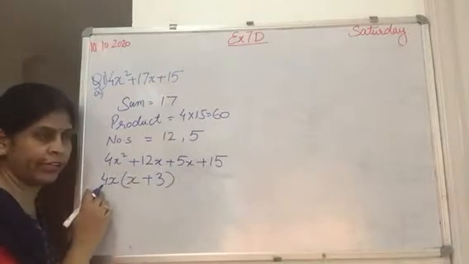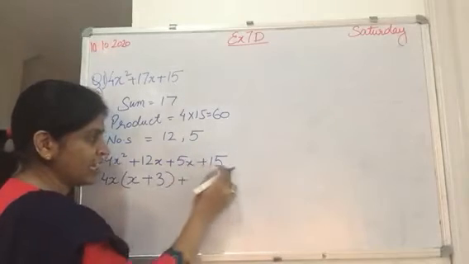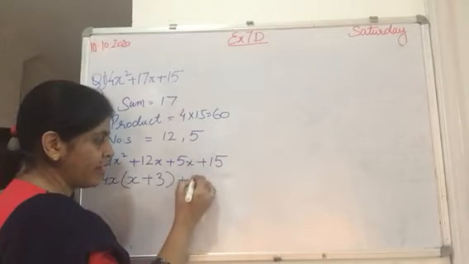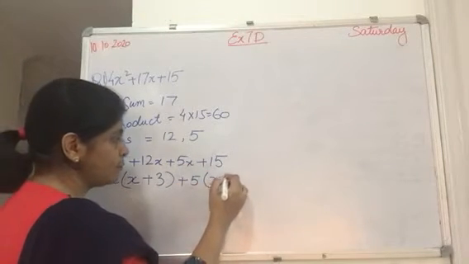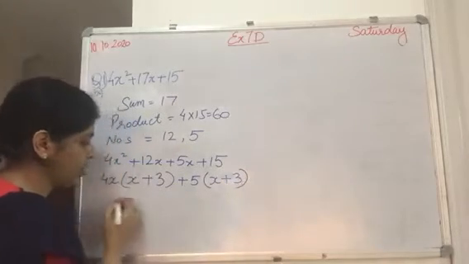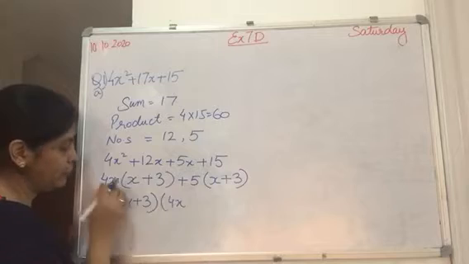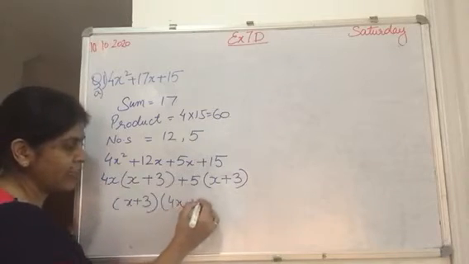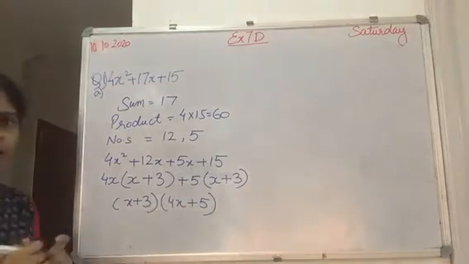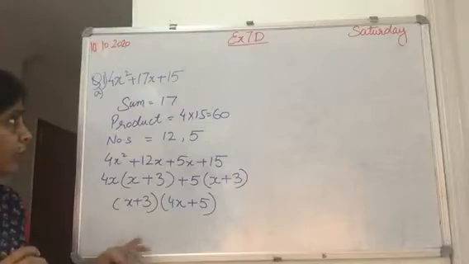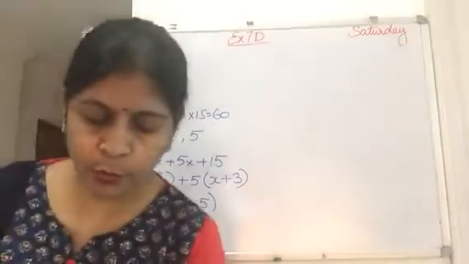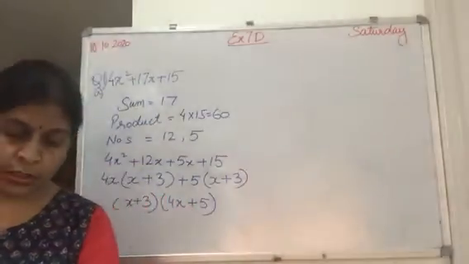X we have already taken, plus in this case 5 and 15 comes in 5's table, x plus 3. Now x plus 3 is common, another will be 4x plus 5 as the other factor. Clear about this?